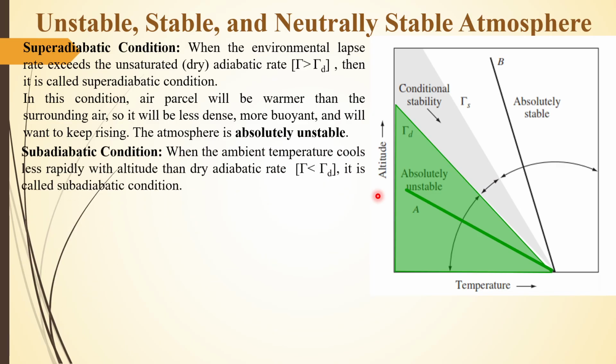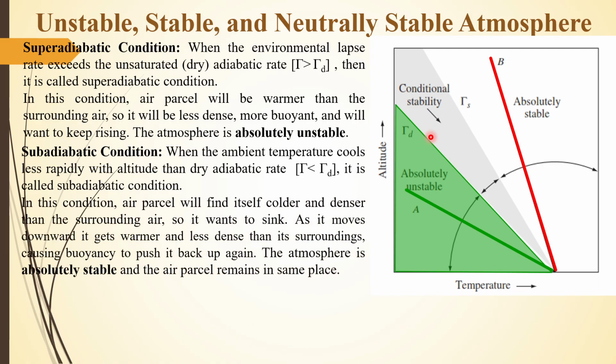Now, if the ambient lapse rate is less than dry adiabatic lapse rate, then it is called subadiabatic. So here, this is the ambient lapse rate and it is less than the moist adiabatic lapse rate and dry adiabatic lapse rate.